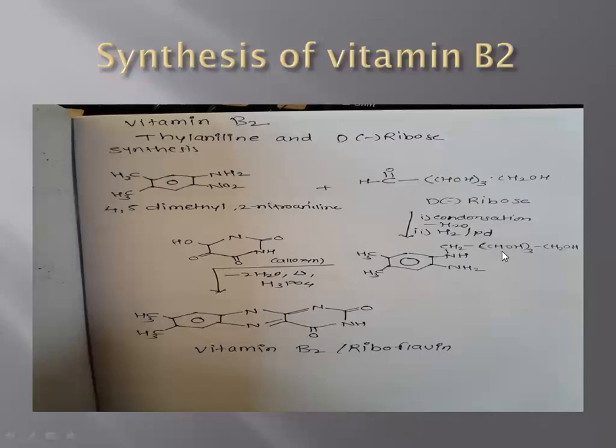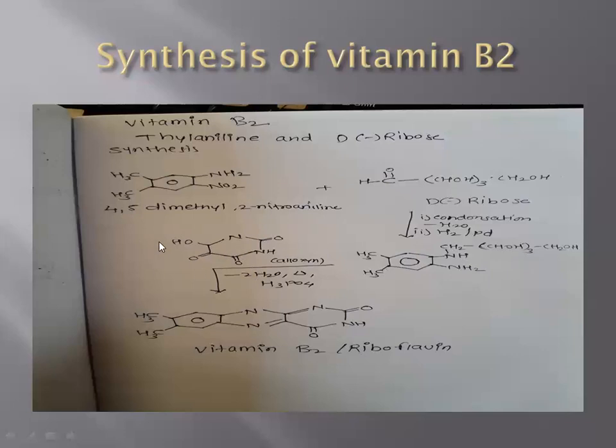But the reaction will take place at this position. Okay, let's see here. This compound, that is the CHO, will remove. After that, this nitrogen will attack on this carbon atom. Okay, OH will remove. This H and OH as H2O will remove. After that, from this nitrogen, this H and this oxygen are removed.